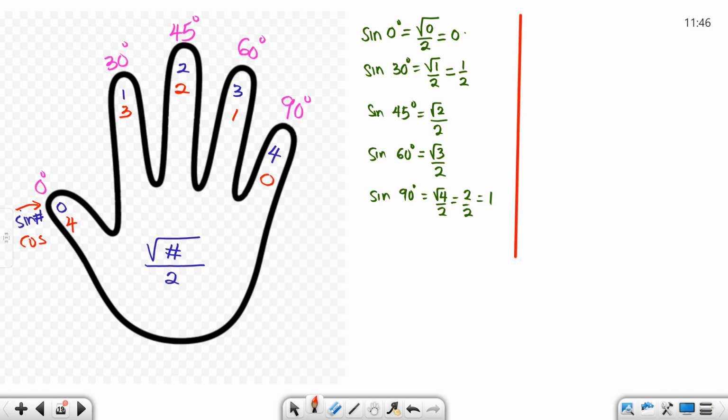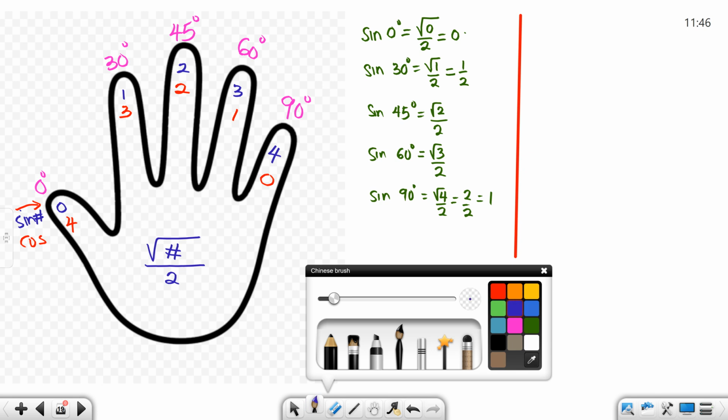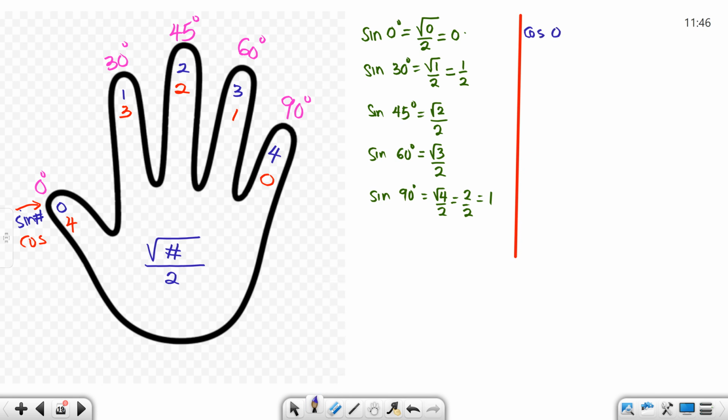All right. So I'm just going to do the first one. What is cos 0? Root of 4 over 2. Okay. So what is cos 30? What is cos 60? No, it's not 1. It's just like that. No, I missed 45.